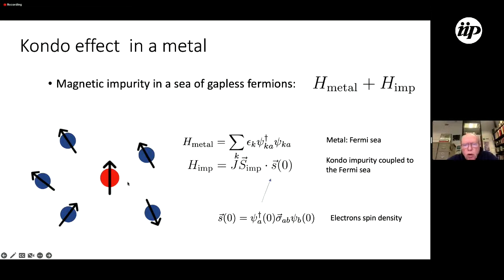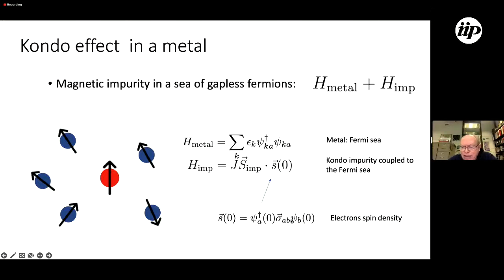Okay, so the Kondo effect corresponds to screening of the impurity, the red dot, with a spin, by the electrons around it. So we have the metal Hamiltonian, which is the Fermi sea, which is a free field. And the electrons interact with an impurity, typically spin half, via a spin density interaction.